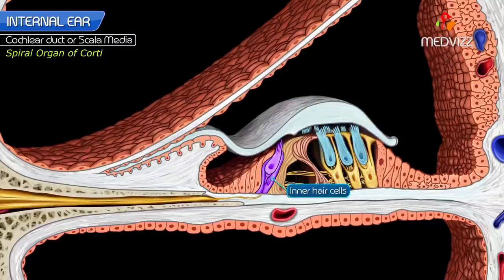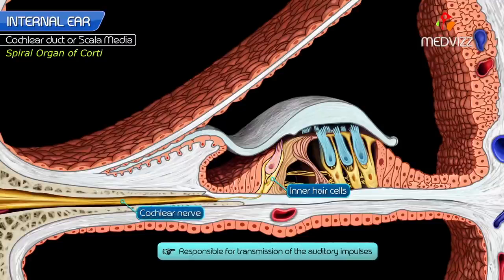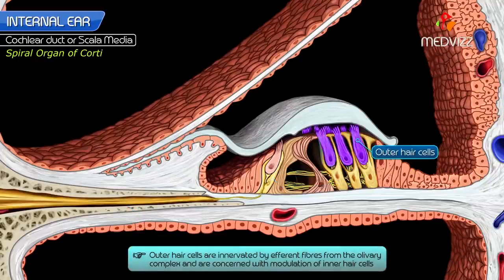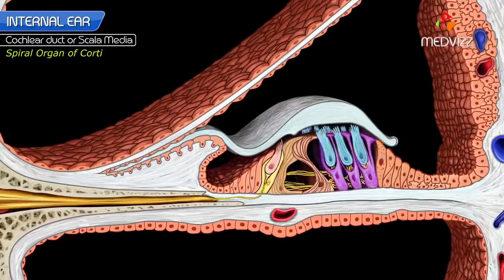The inner hair cells are richly innervated by the cochlear nerve fibers and are responsible for transmission of the auditory impulses. The outer hair cells are innervated by efferent fibers from the olivary complex and are concerned with modulation of inner hair cells. Supporting cells, Deiters' and Hensen cells.